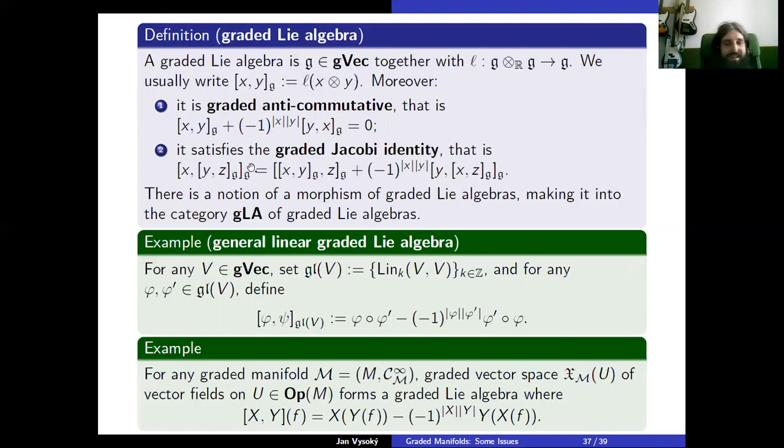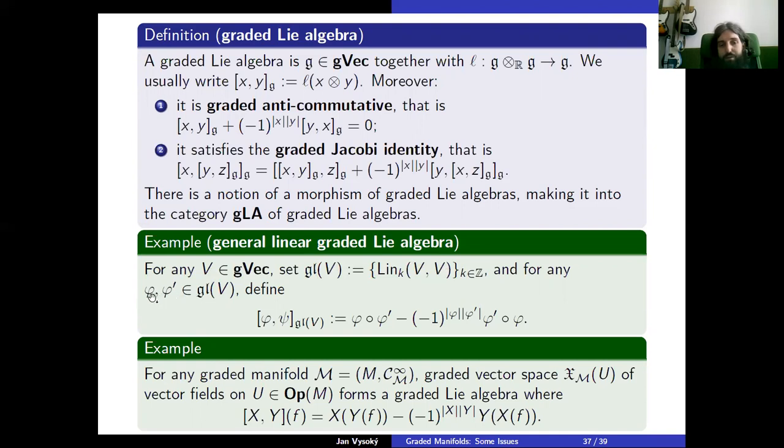And there is a notion of morphism of graded Lie algebras. Therefore, you obtain a category of graded Lie algebras, of course. And there are two simple examples. If I take a graded vector space, and I told you we have this internal hom on the category of vector spaces, so I take the internal hom from V to V, which is this graded vector space, degree k linear maps from V to V. And this forms a graded vector space, and I define a bracket.